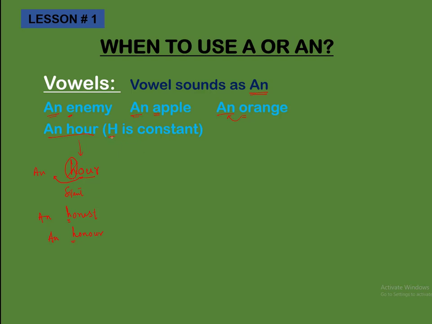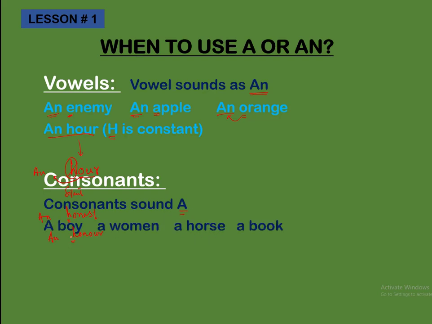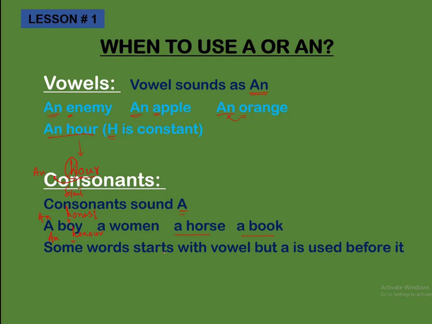So in these cases, whenever the word starts with a consonant letter but that consonant is silent and is followed by a vowel sound, before that word we again have to use an. Now in case of consonant sounds, whenever we have a consonant sound, it will take a. For example, a boy, a woman, a horse, a book. Some words start with a vowel, but a is used before them.